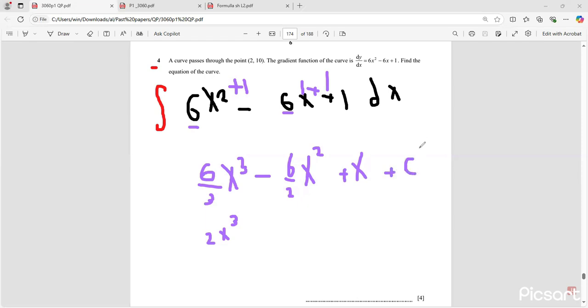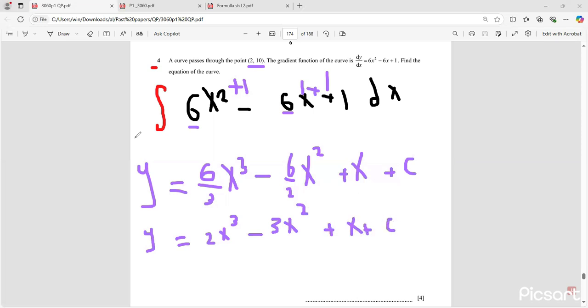Don't forget, it's not a definite integral, and we're going to get the value of c by substituting the y and x here. All this is the curve equation, f of x or y. So y or f of x equals 2x cubed minus 3x squared plus x plus c.